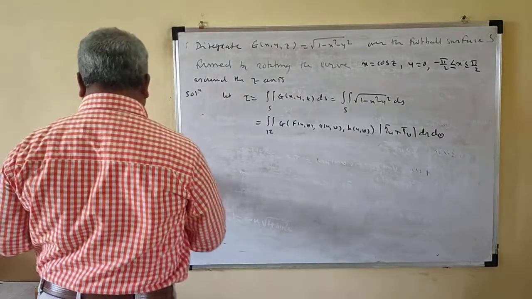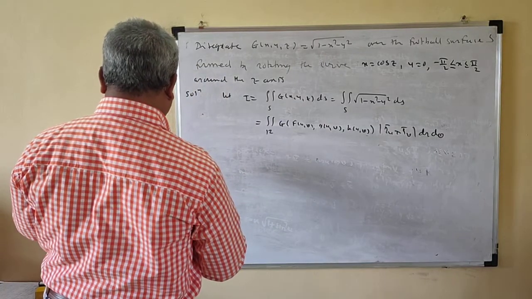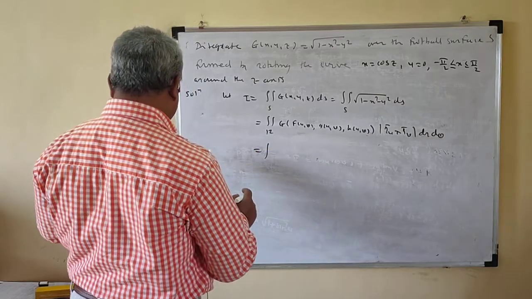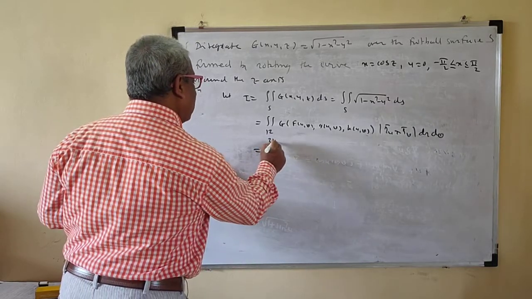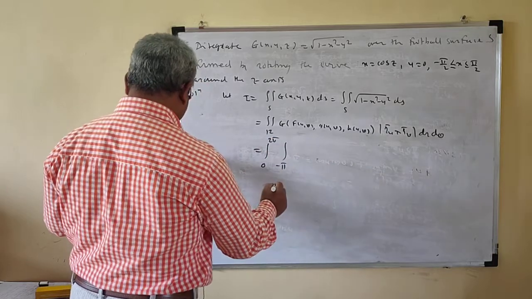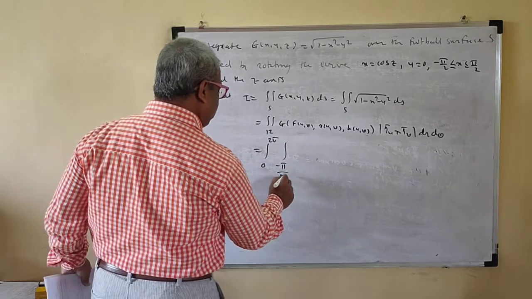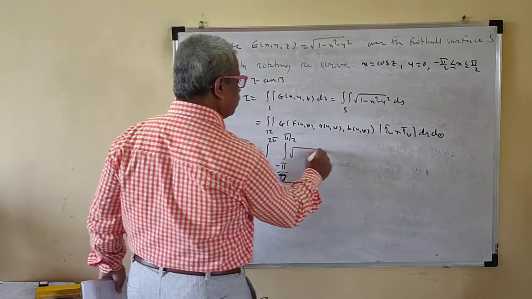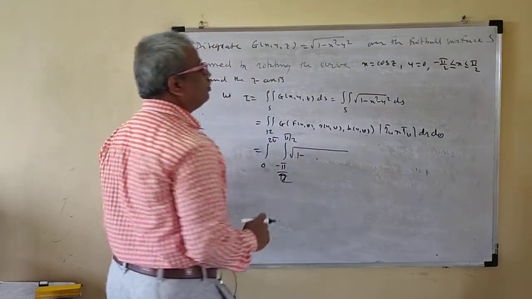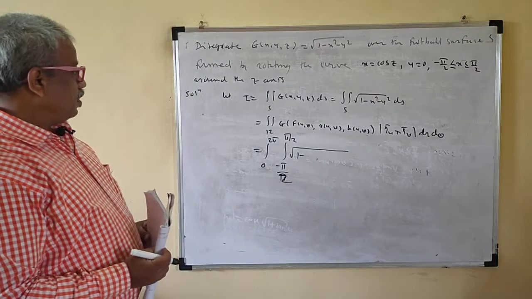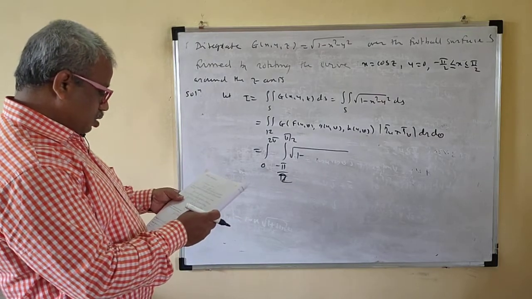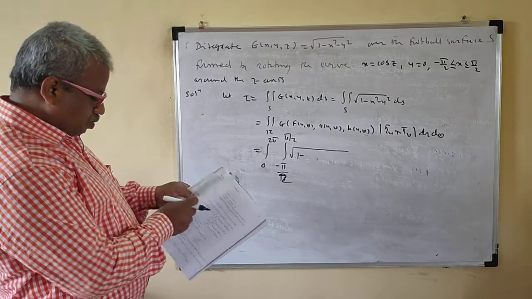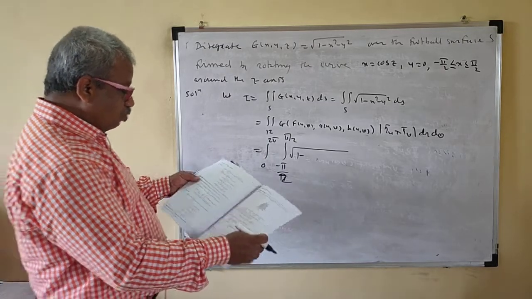Okay, now you have the limit of u and limit of v. So I directly put this. The limit of u is 0 to 2 pi. Limit of v is minus pi by 2 to pi by 2. So you have to put the value of this one. Okay, 1 minus x square, what is the value of x now? We have put x is equal to cos u cos v.